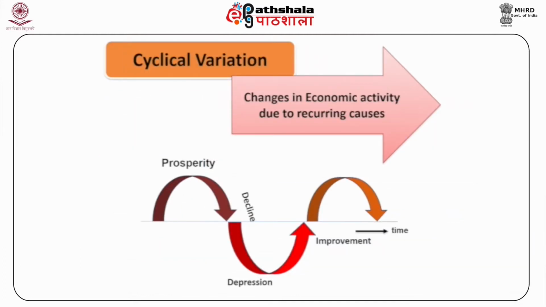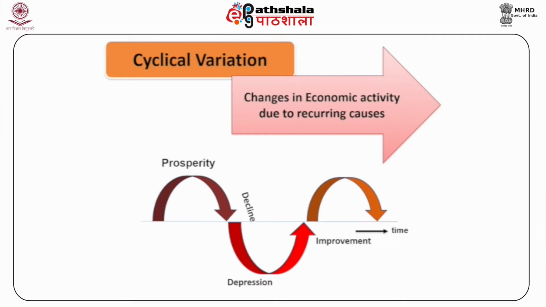Cyclic variation is that part of the time series which represents the changes of economic activity due to recurring causes. Cyclic variation may be seasonal in nature or they may follow a business cycle like this. As we can see in the diagram, prosperity is the phase in which profits are easily made.